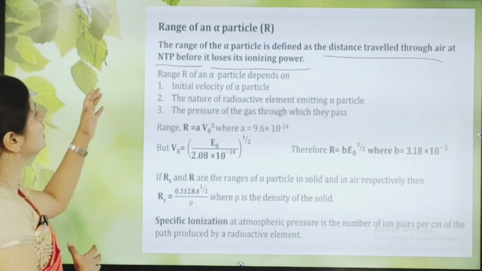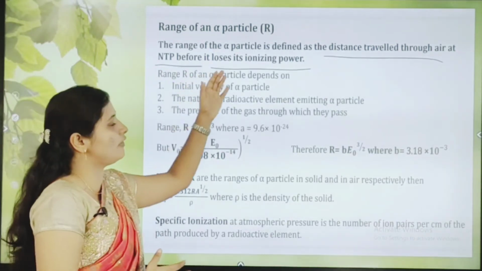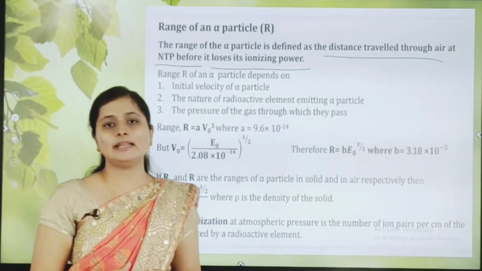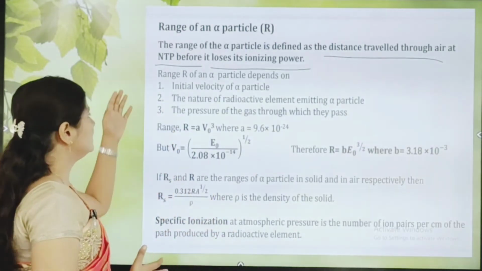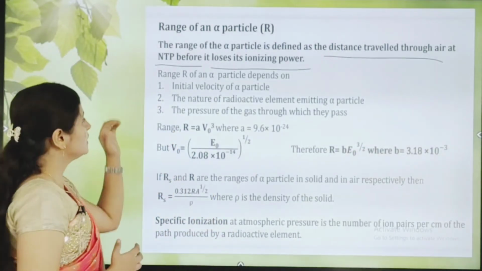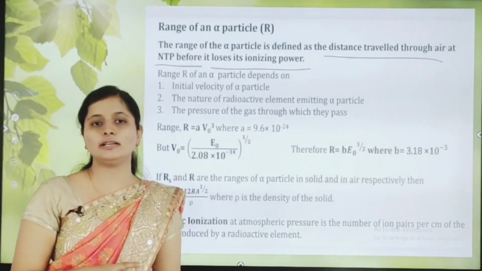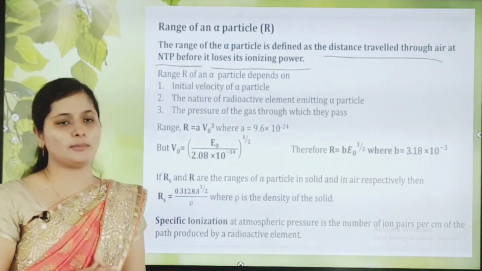Next, the range R of an alpha particle depends upon factors. The first one is the initial velocity of the alpha particle.